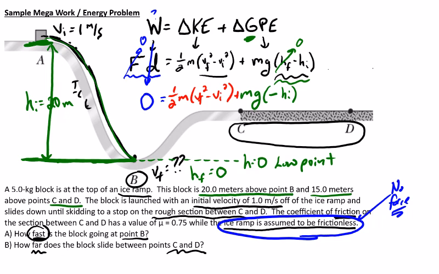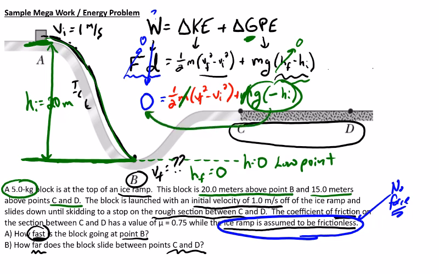Here's the cool part. They did give us the mass of the object. It's a 5 kilogram object. But if you look at this equation, you'll notice the mass would cancel, so I can get rid of the mass. And therefore, when I solve this, I bring one part over to the other side. I take this part and add it to the other side of the equation.